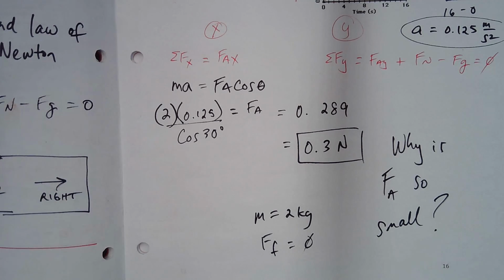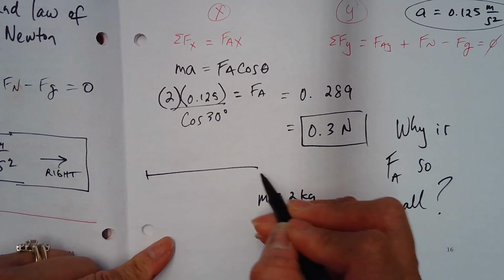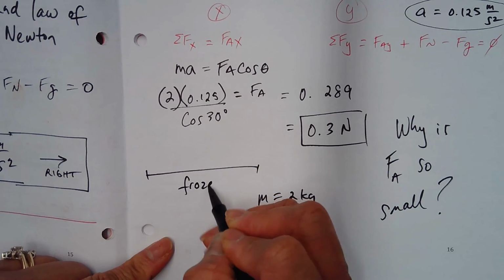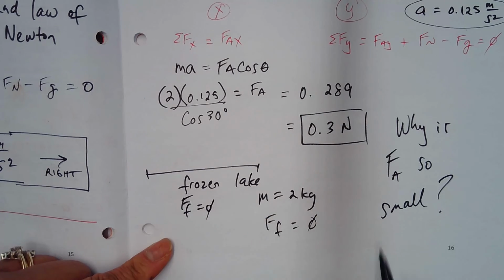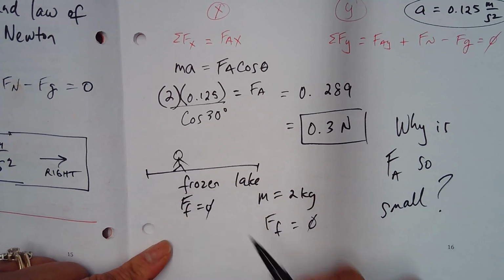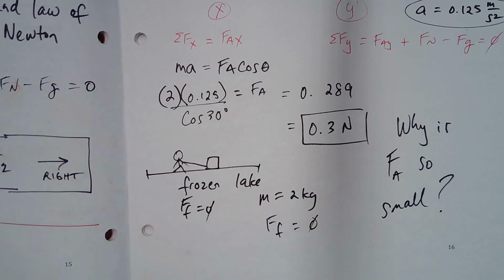So let's say I'm standing here and my feet are actually able to, here's the question, I'm gonna put a frozen lake. This is a frozen lake from here to here. This is a frozen lake where friction is 0, okay? If I'm standing right here and you have a box right there and I pull it, do you think I'd be able to pull it towards me?